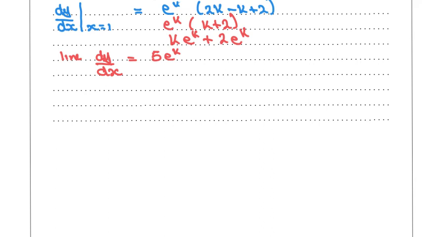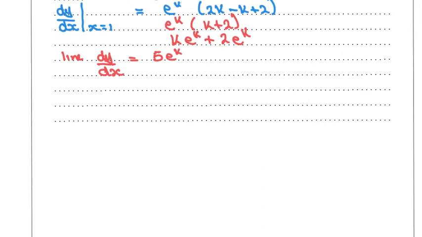Because the two gradients are equal, we've got a new equation where 5e to the k is equal to k e to the k plus 2e to the k.